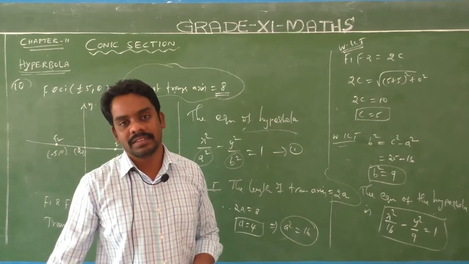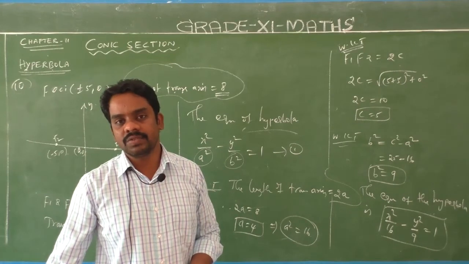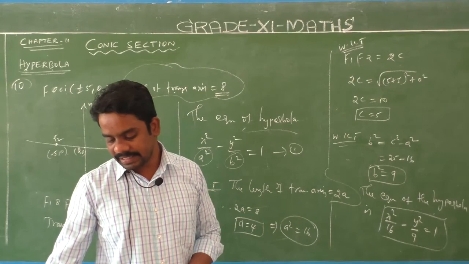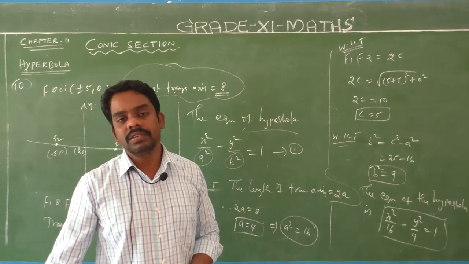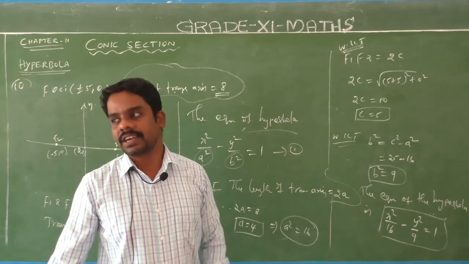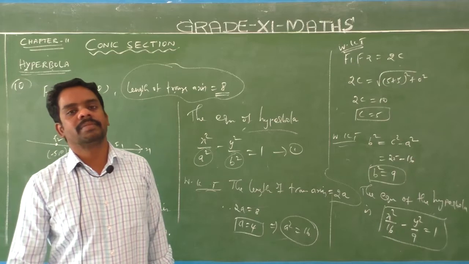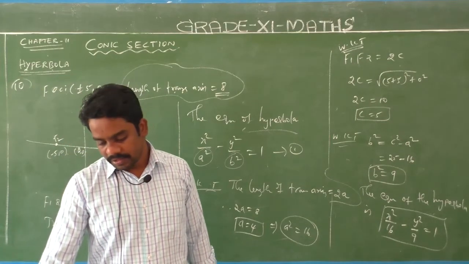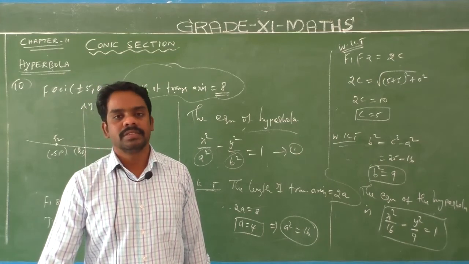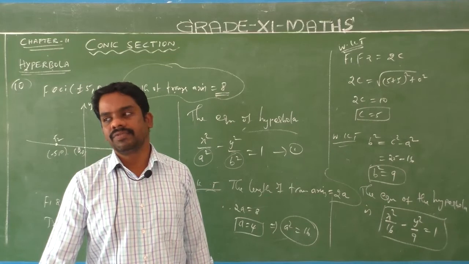Find a. You know F1F2 is equal to 2c. So 2c is equal to 26, then c equals 13. Now find the a value. So a squared is equal to c squared minus b squared. So 13 squared, 169, minus 12 squared, 144.